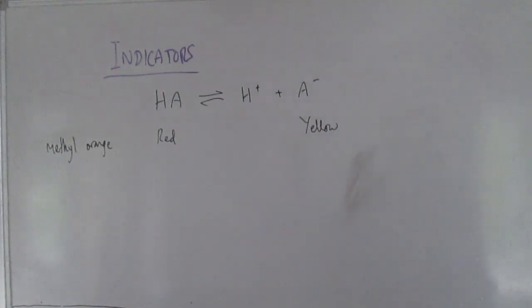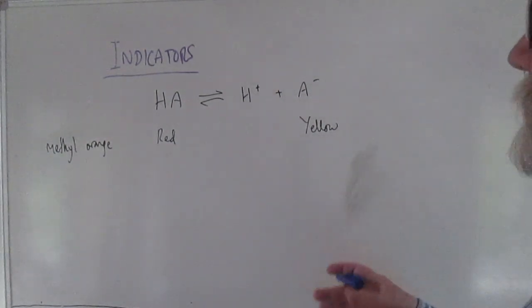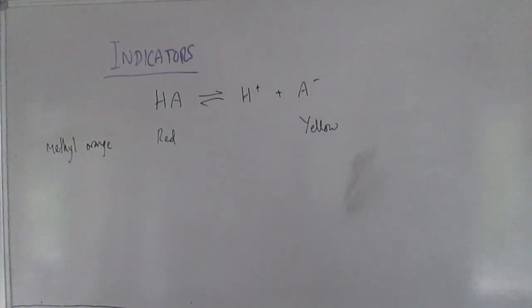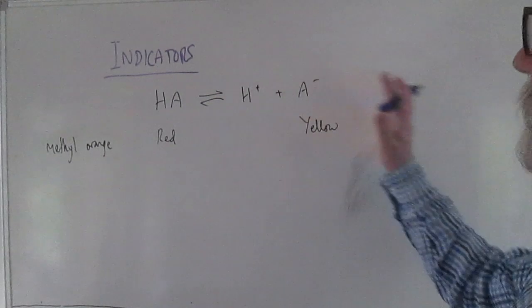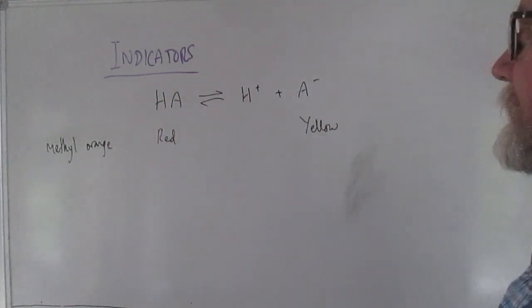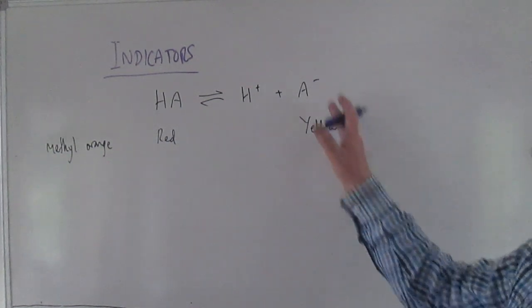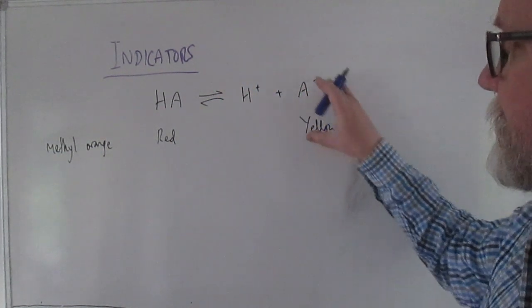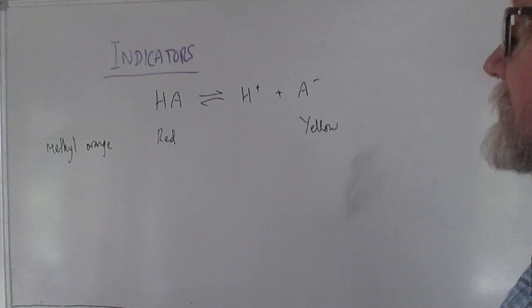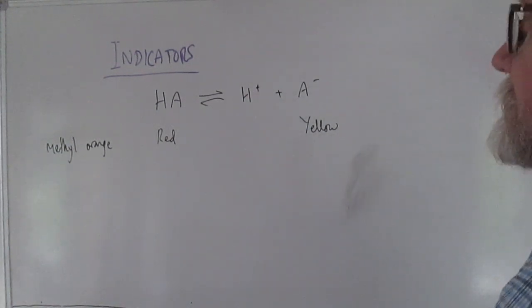So we can see why an indicator would change colour just by thinking about Le Chatelier, because he says that if we have a low pH, that corresponds to a high concentration of H+, this equilibrium will shift to the left to oppose the change. So if we have a high concentration of H+, the yellow A- will tend to get converted into the red HA, and so we'll see red.